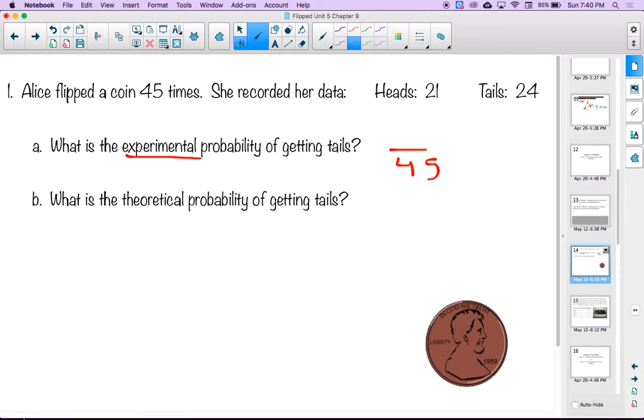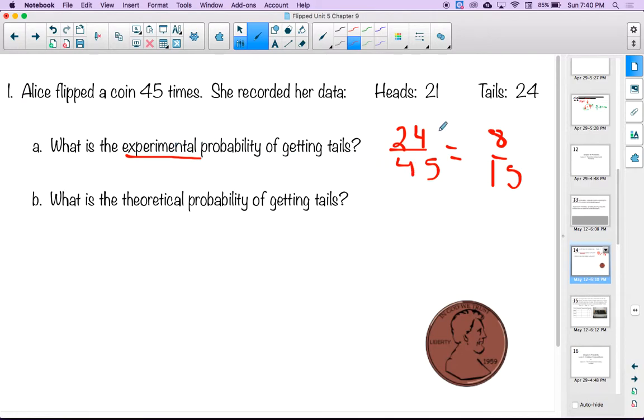And the numerator is going to be the number of tails she got, 24. Now we can simplify that, divide the numerator and denominator by 3, and we get 8/15.